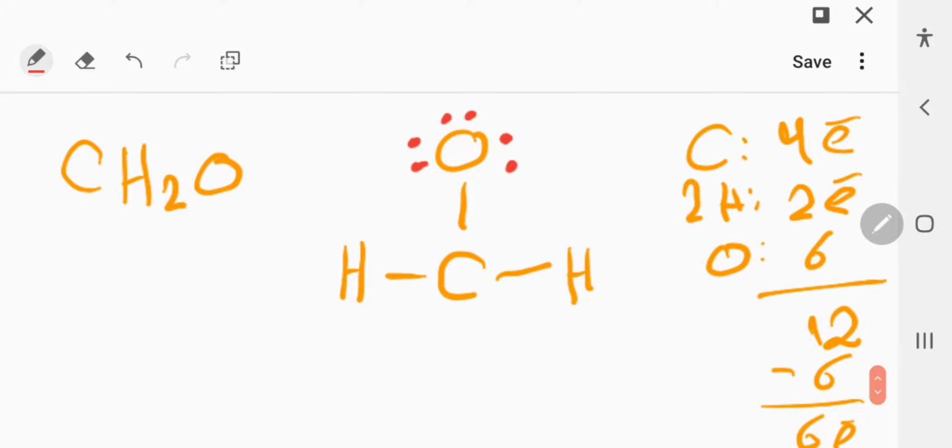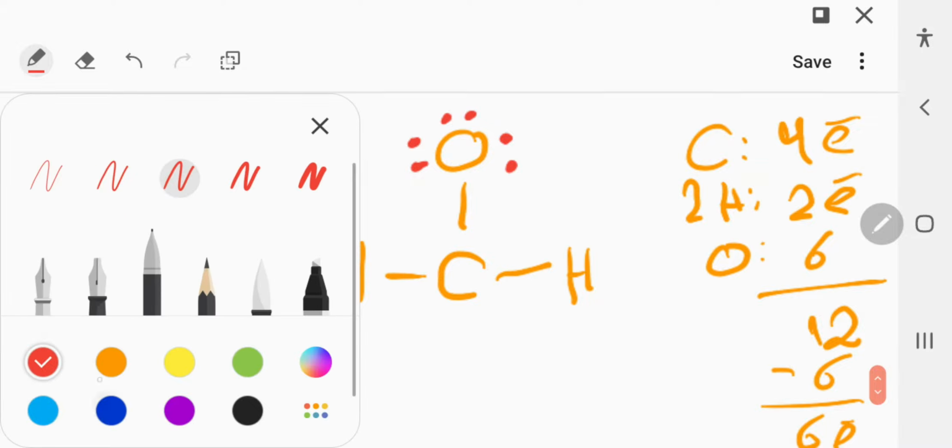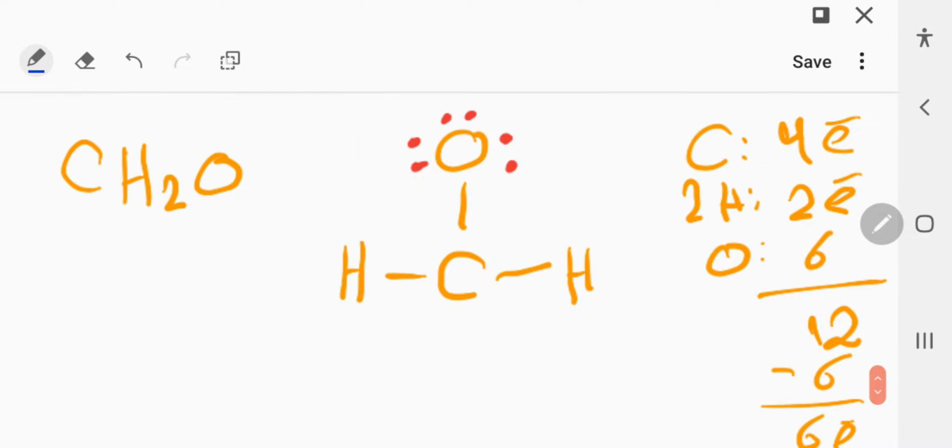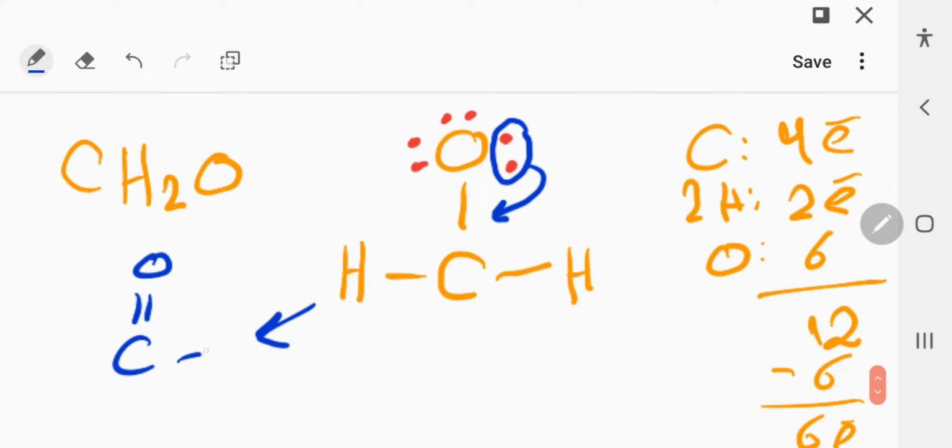But as you can see again, carbon contains 6 electrons only around it. So we have to take another 2 electrons from oxygen here and form a double bond. So the compound will be C, O, H, H. This is the dot structure for CH2O.